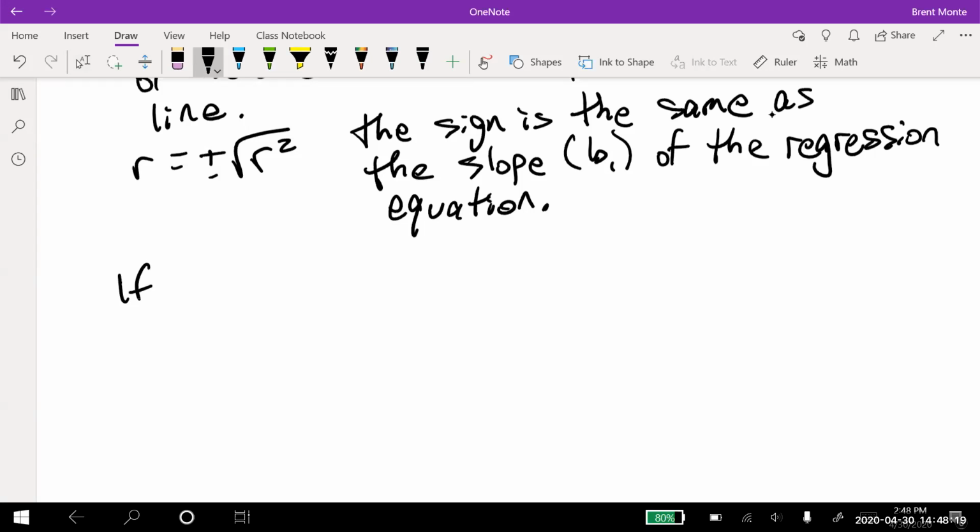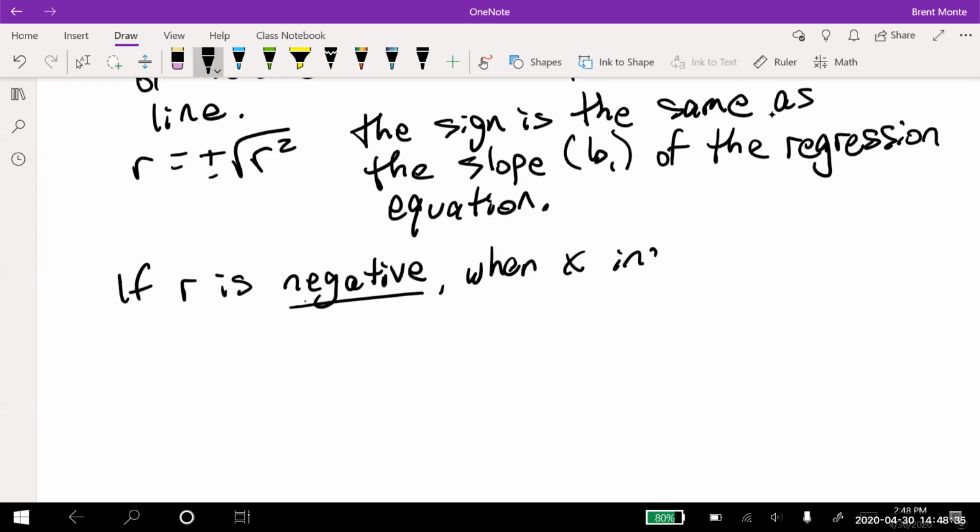If R is negative, when X increases, Y decreases.